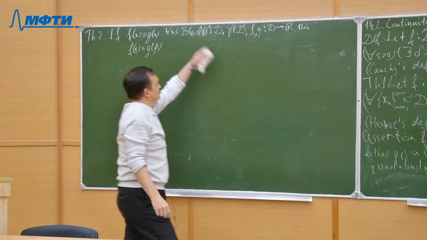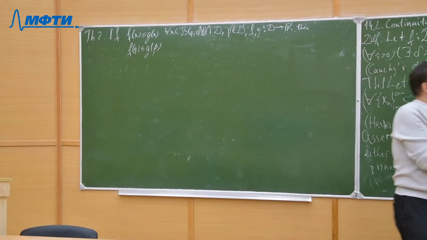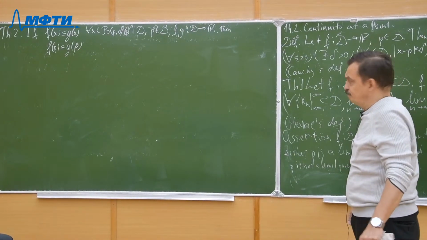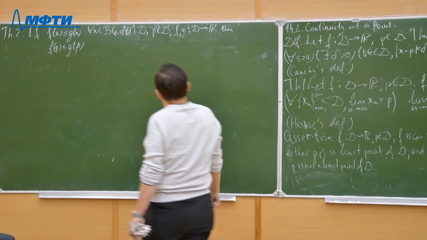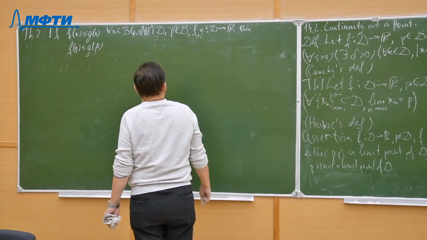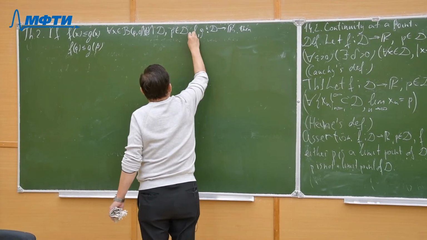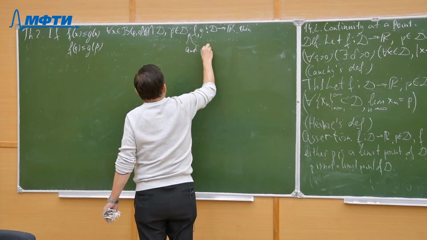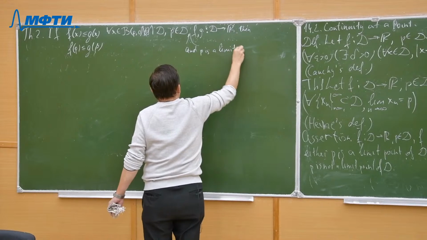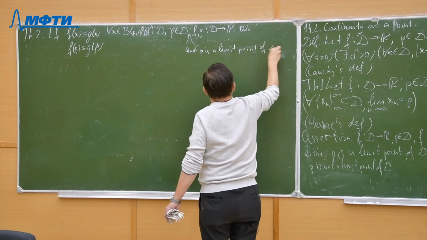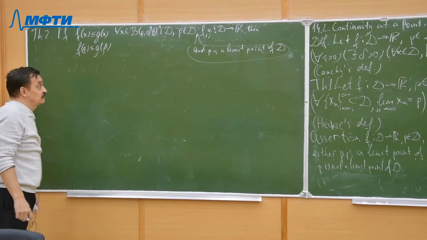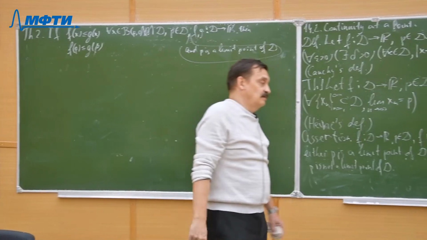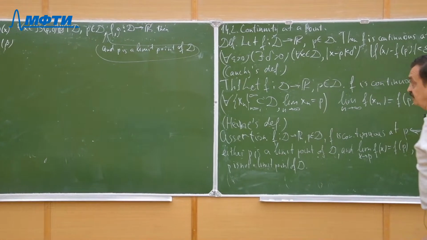Why? Because, no, that is not true, by the way. p is in D, and p is a limit point of D. Right? So that is just a reformulation of the related result for limits.